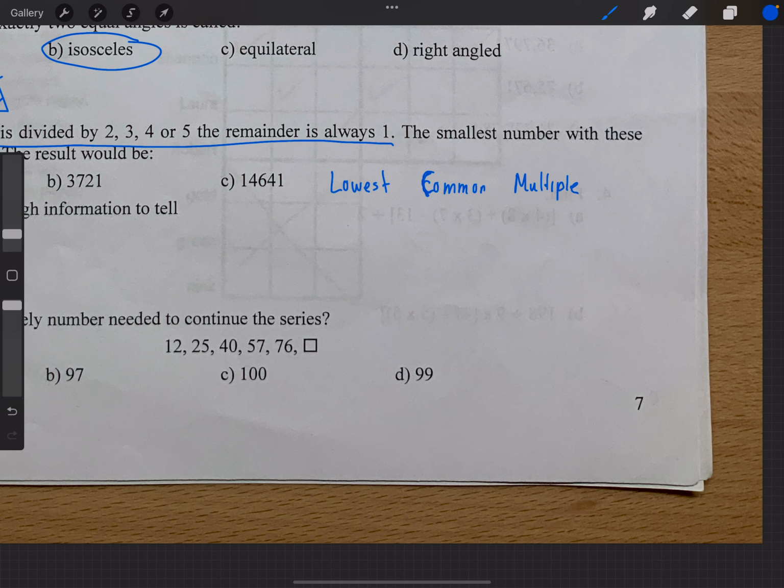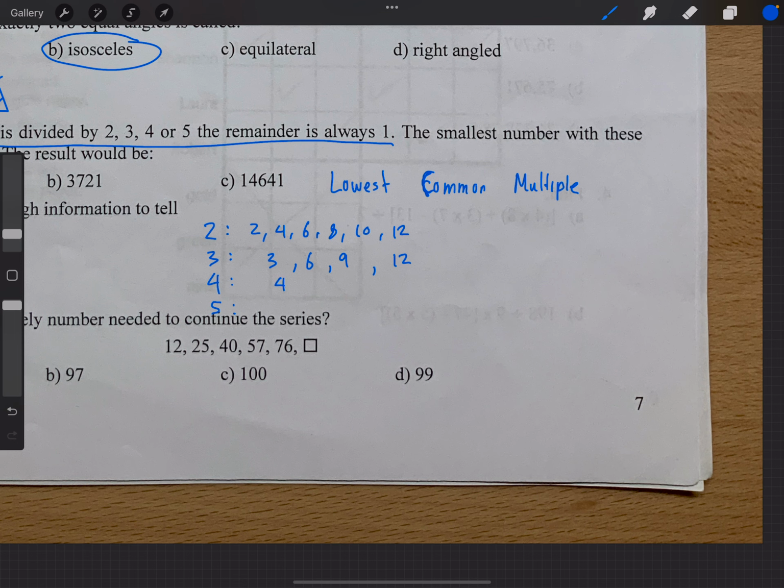What that means is let's look at all the multiples of 2, 3, 4, 5. Okay. Multiples of 2 will be 2, 4, 6, 8, 10, 12. Multiples of 3 will be 3, 6, 9, 12, and so on.